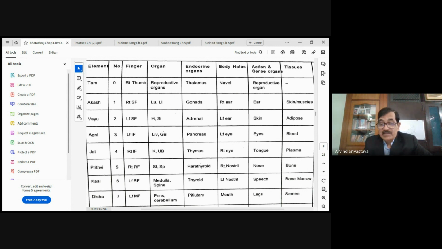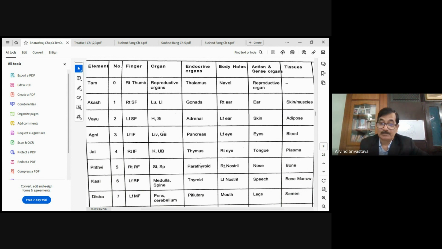Now, pancreas. In Hindi, pancreas is known as Agnyashay. Agnyashay means the house of Agni, the house of fire. That means it is most involved in the metabolic system of our body.